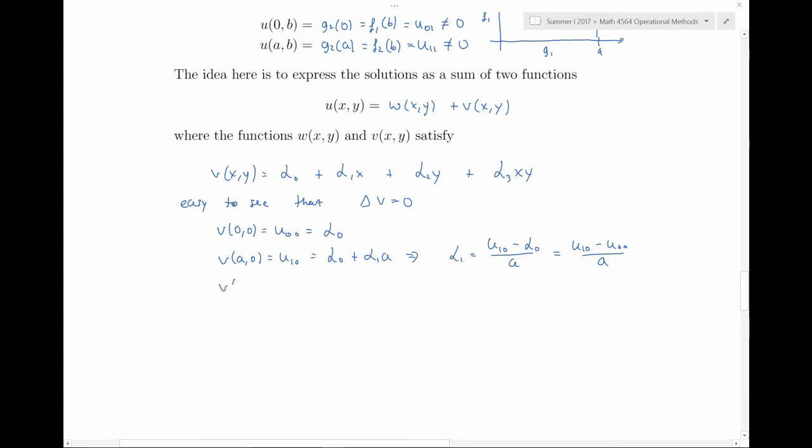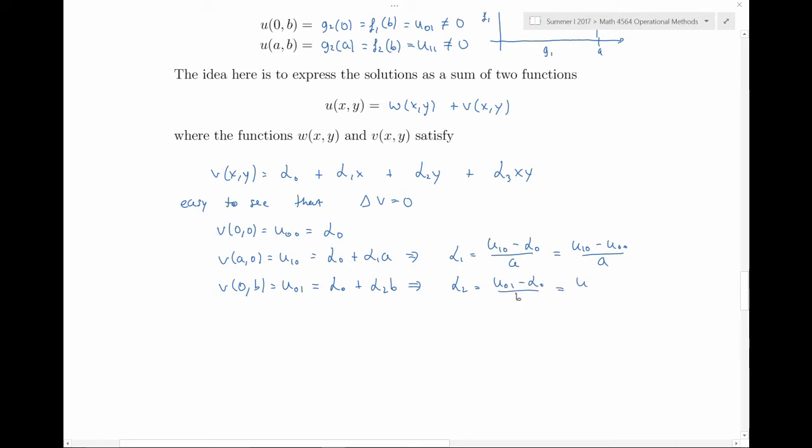Or, since alpha naught is u00, I can write it as u10 minus u00 over a. Now v of 0, b, which is something that I denoted u01, well, now x is 0, y is non-zero, so it's alpha naught plus alpha 2 b. Therefore, alpha 2 equals a fraction of u01 minus alpha naught over b.